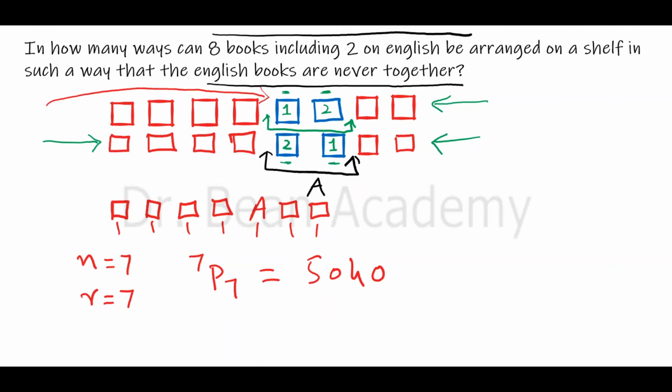Of course, if they exchange their positions like this, the number of permutations is the same, so I can multiply it by 2 to get the total number of permutations when English books are together in any arrangement. So I will multiply it by 2, and the answer is this. So these are the total permutations when English books are together.